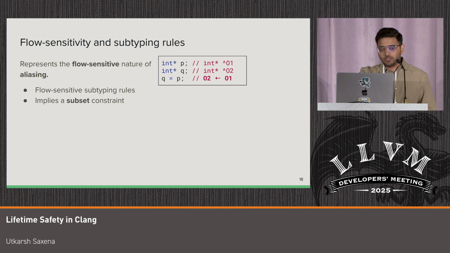Origins can have flow-sensitive information, and we can introduce flow sensitivity here, and they start to follow subtyping rules. Origins can flow from one into the other. When we have two pointers, p and q, these two would have two different origins, O1 and O2. But when we assign q equals p, the origin from the right-hand side flows into the origin of the left-hand side.